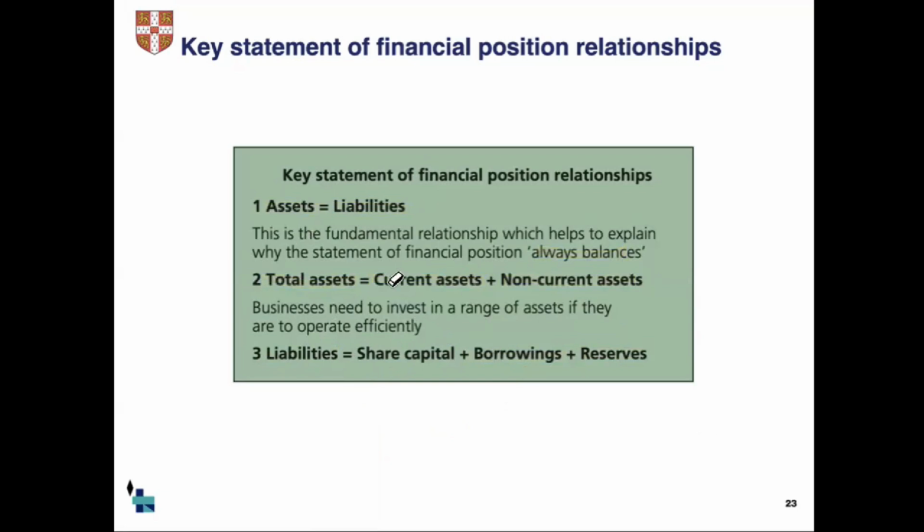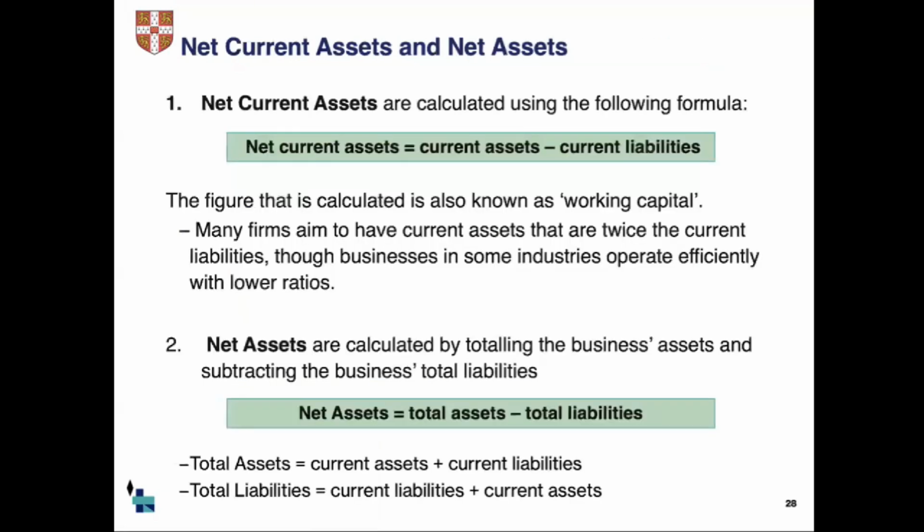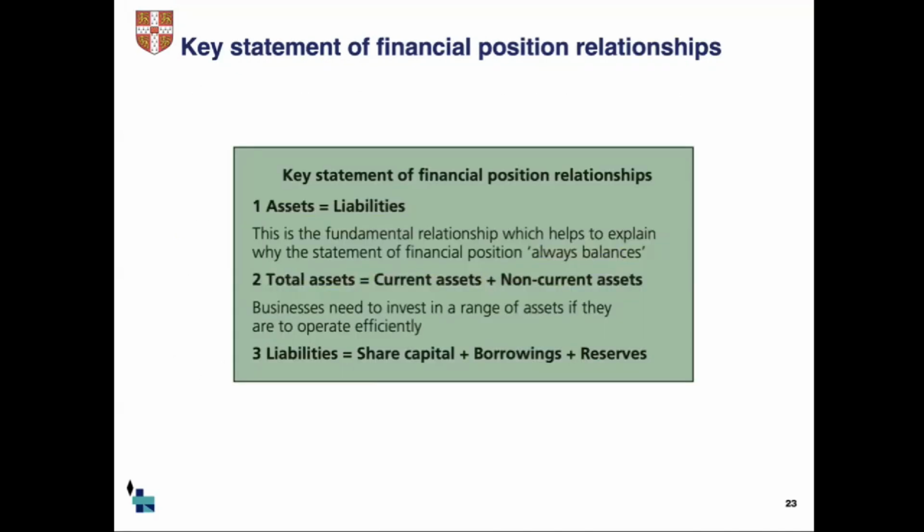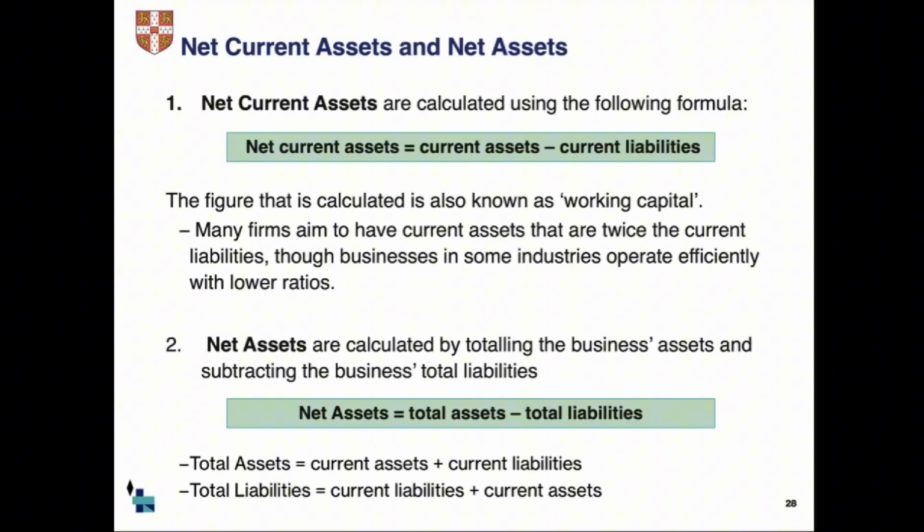So let's expand on this second one by looking at this slide. Just a minute, let me go back. Okay, so this one was talking about total assets. It didn't say anything about net current assets.